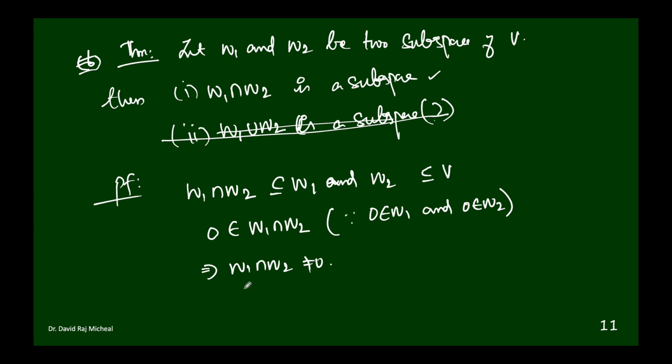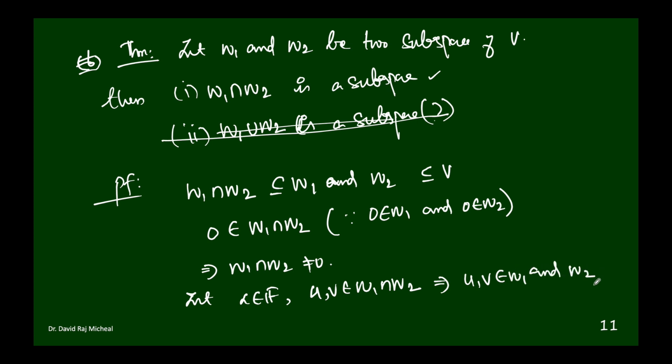That's clear. Now what we have to do is verify that alpha times u plus v belongs to W1 intersection W2 for any u and v belonging to W1 intersection W2. So suppose alpha belongs to the field F, and u, v belong to W1 intersection W2. Now the proof is very clear. U and v belong to W1 intersection W2, which implies u, v belong to W1 and W2, correct? Now what about alpha u plus v?